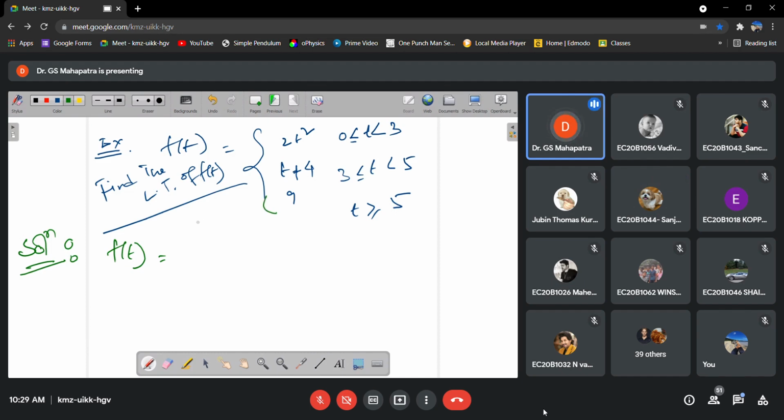Using the concept of unit step function, we get f of t equals 2t square into h of t, correct.